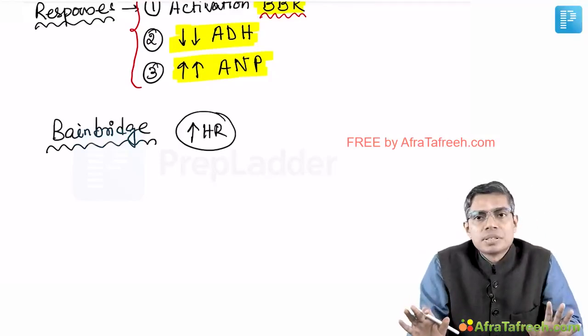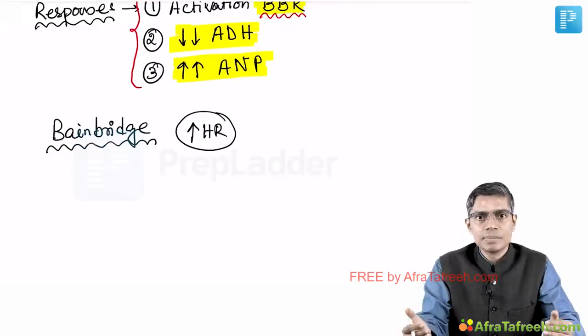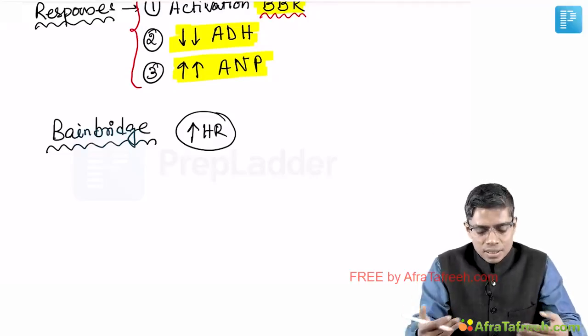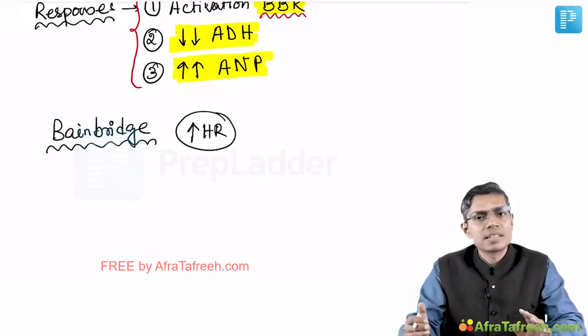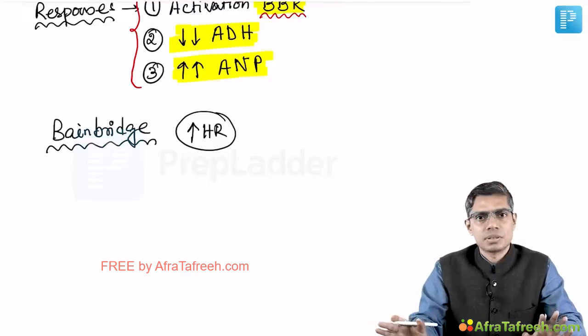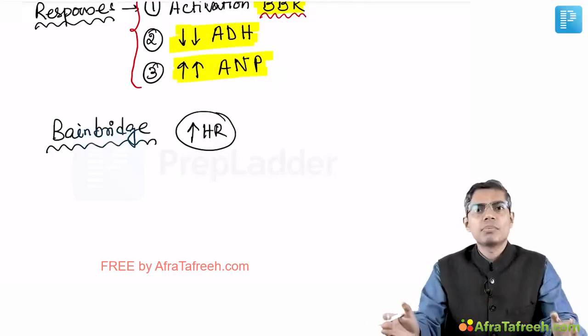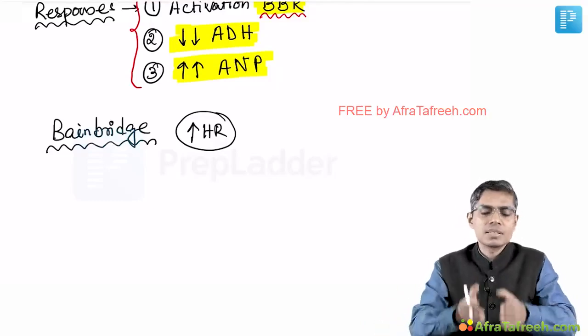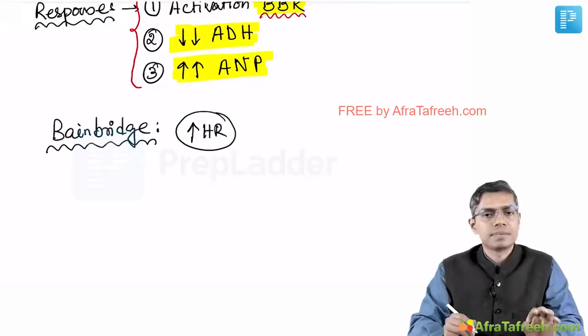So this was the observation: infusion of blood or saline to an experimental animal, probably after anesthesia, raises the heart rate, and that increase in heart rate is irrespective of blood pressure. It is not due to blood pressure changes. Heart rate is directly rising, and that observation is known as the Bainbridge reflex.